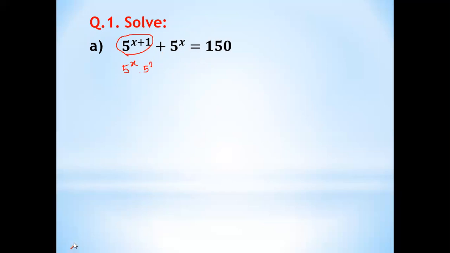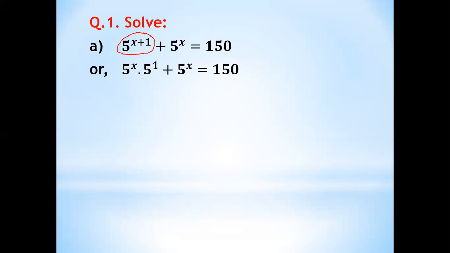So I have applied the same condition in our first step. See, what I have done here is I have just broken down this 5 to the power x plus 1 as 5 to the power x times 5 to the power 1.